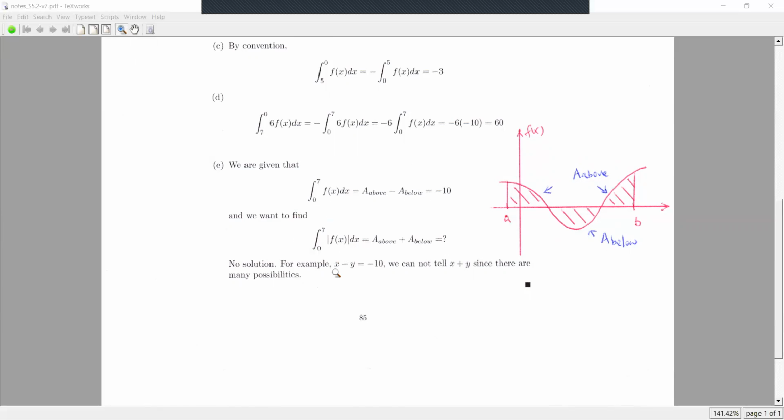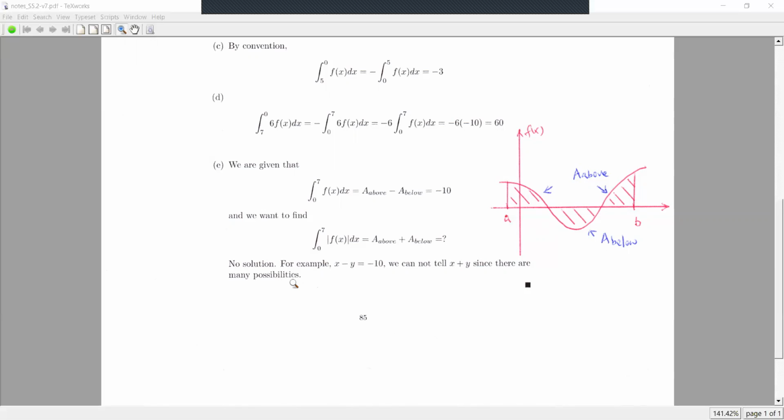Why? Let me give you one example. x minus y is -10. Now, can you tell me what is x plus y? You cannot, because there are many possibilities.